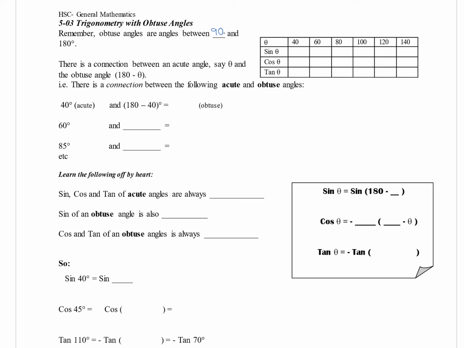Some of you may have been exposed in year 9 or 10 to a nice little diagram where we talk about angles. In this first quadrant, we talk about quadrants 1, 2, 3 and 4. And by the way, we're never going to, in this course, extend our understanding to angles in quadrants 3 and 4.